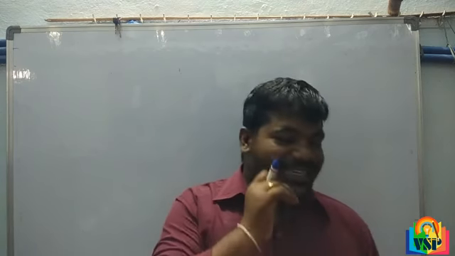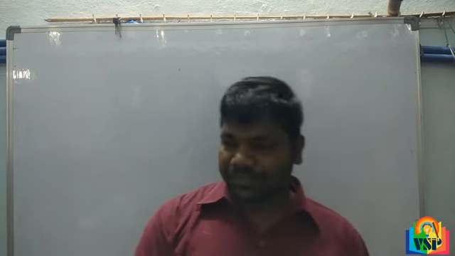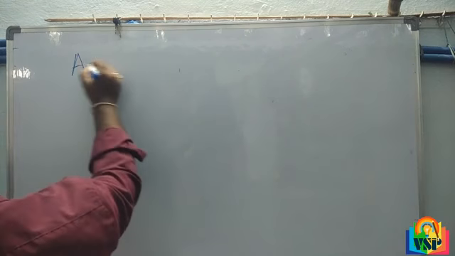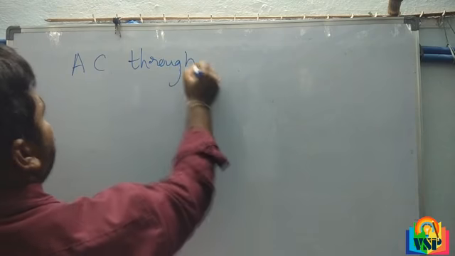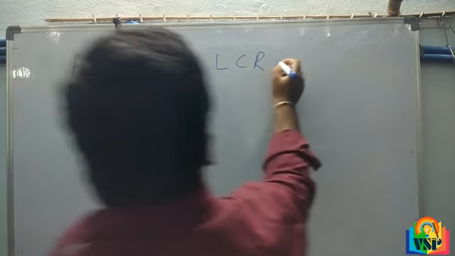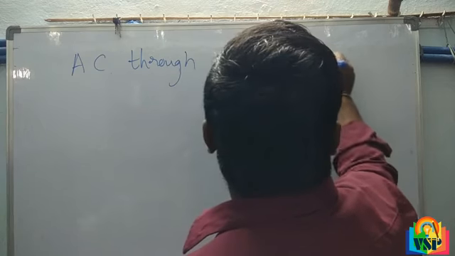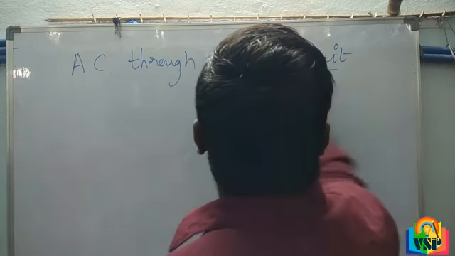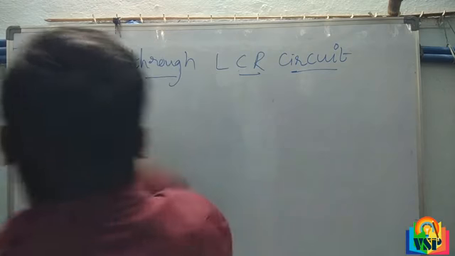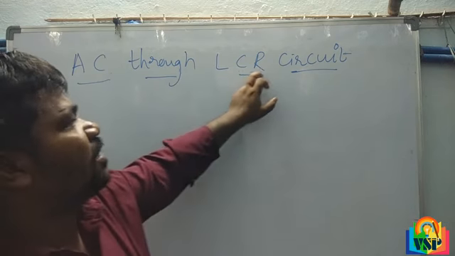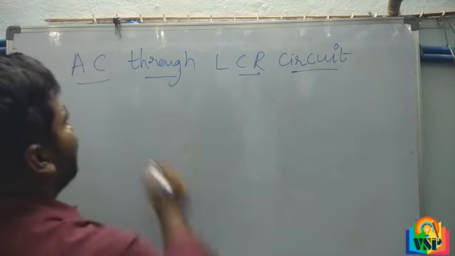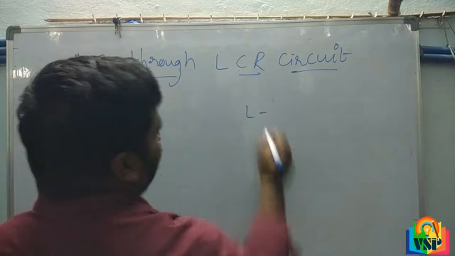Alternating current through an LCR circuit. Here, what is L?